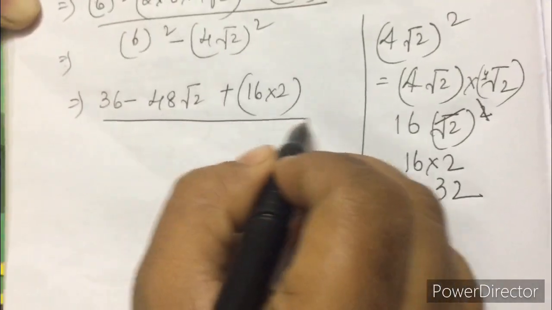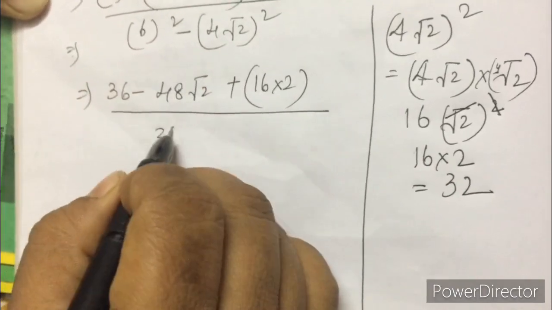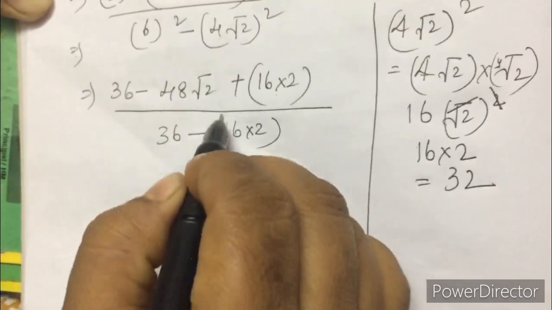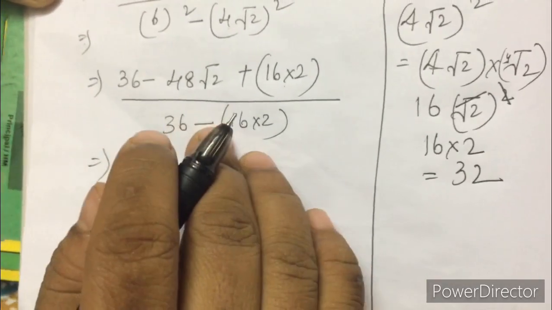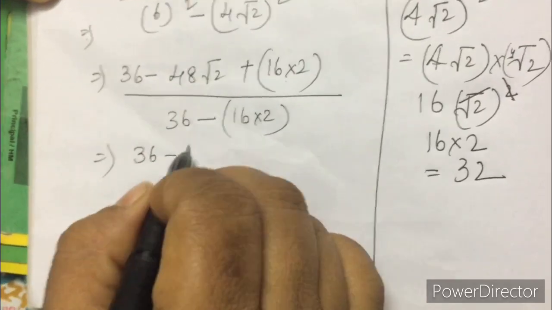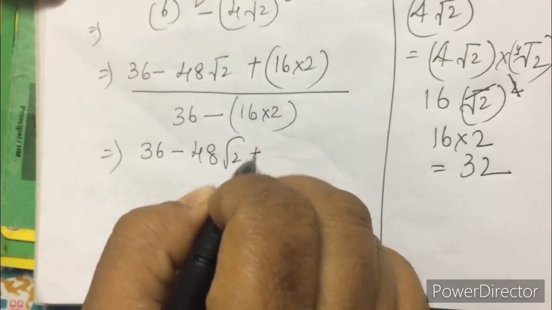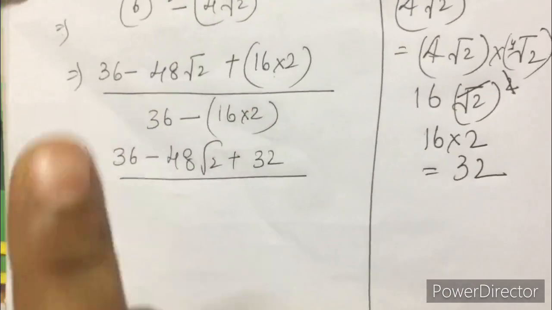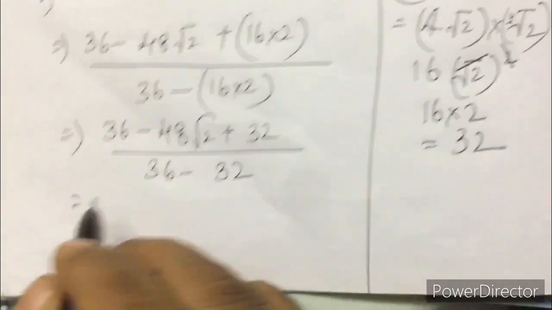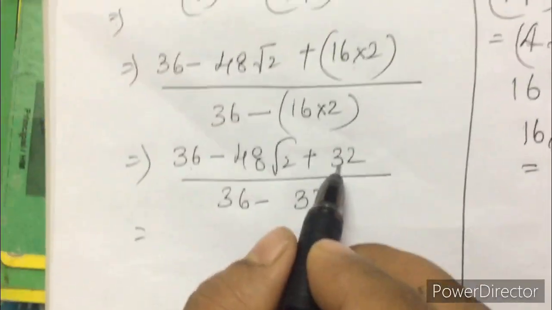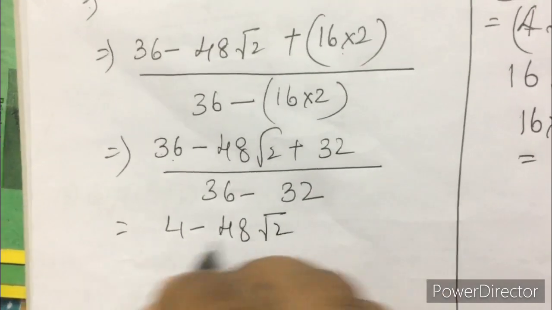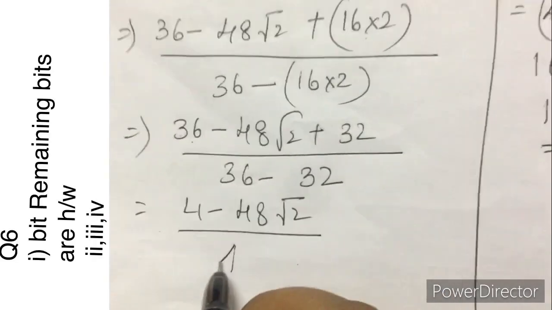So I am writing here. 6 6s are 36 minus 4 root 2 whole square, which is 16 into 2. Please observe, it is understood to you. Please listen very carefully, students. 36 minus 48 root 2 plus 32, divided by 36 minus 32. Clear? Now subtract 36 minus 32. That is 4 minus 48 root 2 divided by 4.